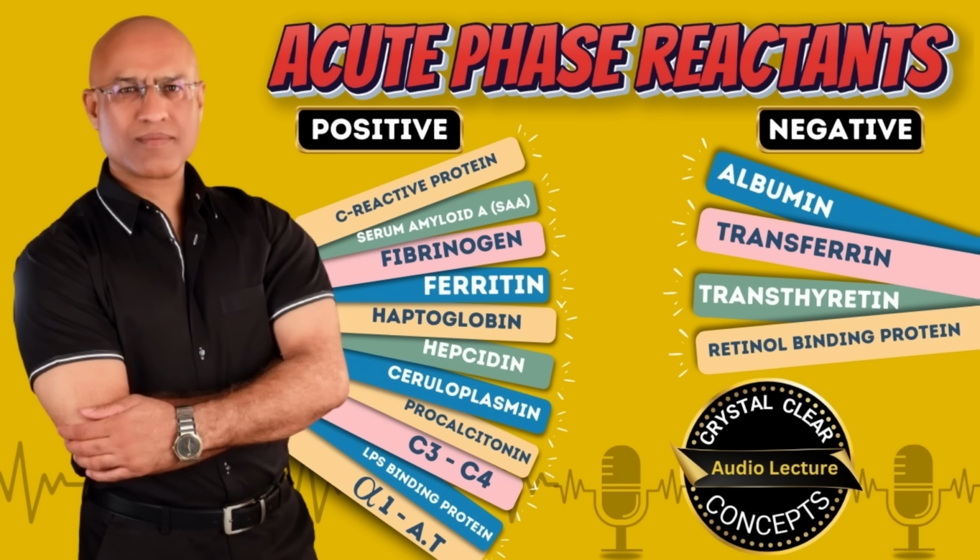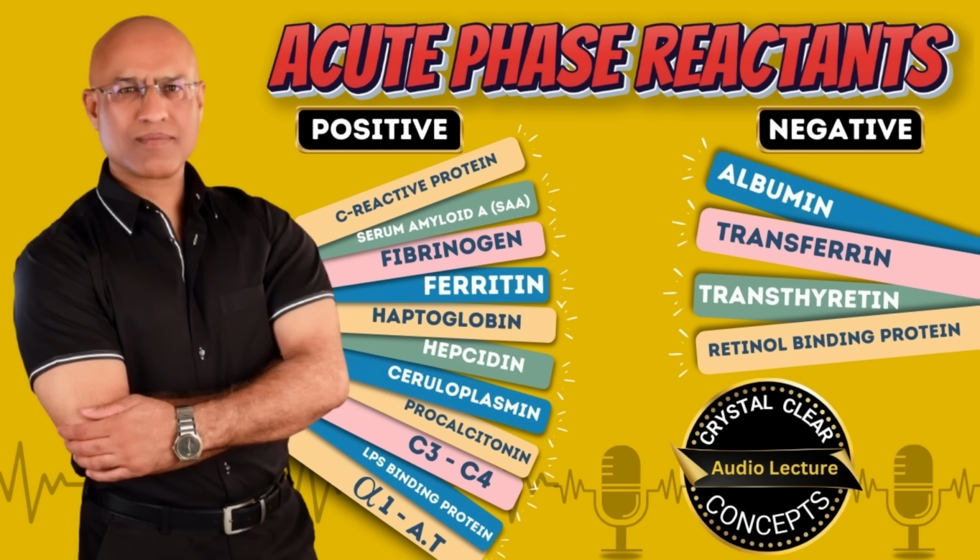And stored iron, which is present in the macrophages in the liver, spleen, and bone marrow, can be released from macrophages. So our blood can get iron either from the GIT, that is new dietary iron, or it can get iron from the stores. But there is one thing.